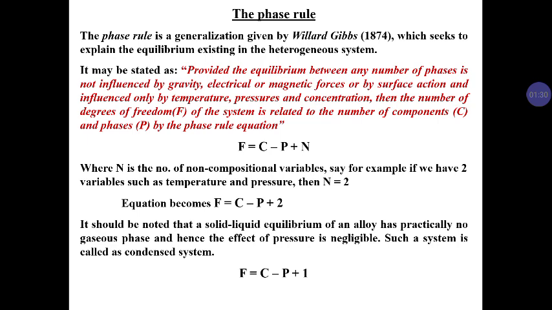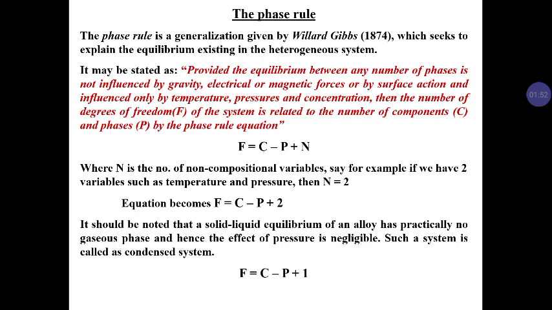As we know, in alloys there is no gaseous phase, so we won't use this phase rule. We use the condensed phase rule, where the formula is F = C - P + 1, where N equals 1. Since there is variation of temperature alone and no variation of pressure, we use the condensed phase rule.